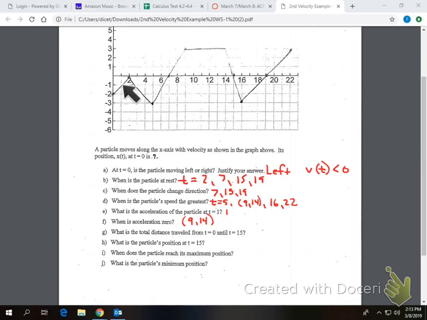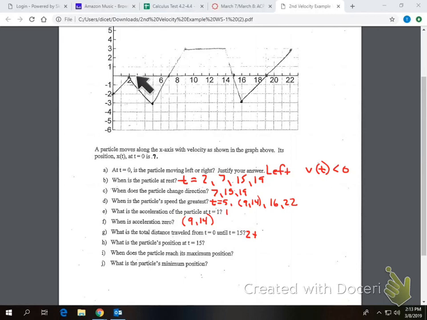Okay, so let's see here. You got to help me find the area of this triangle. It's a 2 by 2. So 2 times 2 is 4. Half of 4 is 2. So we're going to go 2 plus the area of this triangle: the base is 5 by 3.